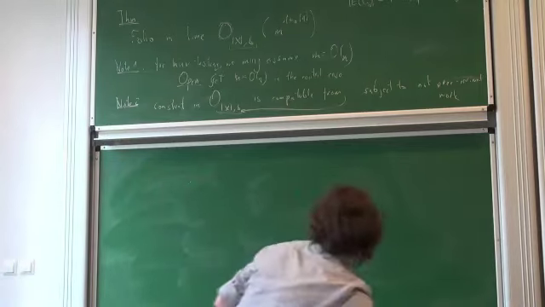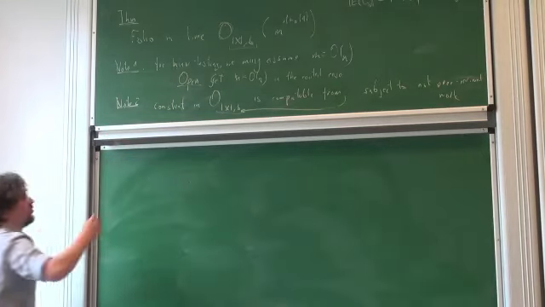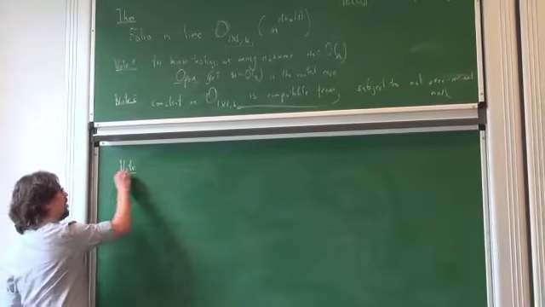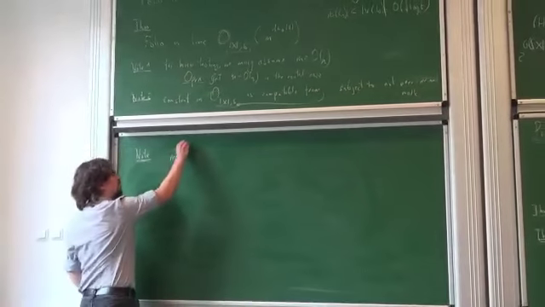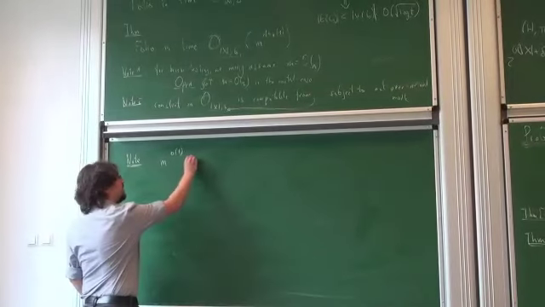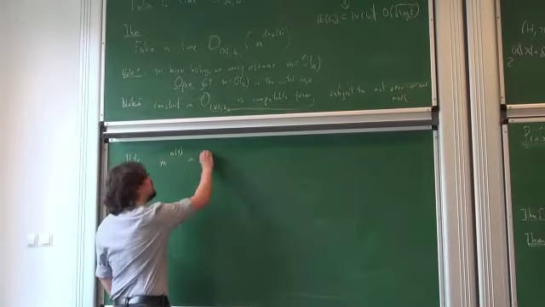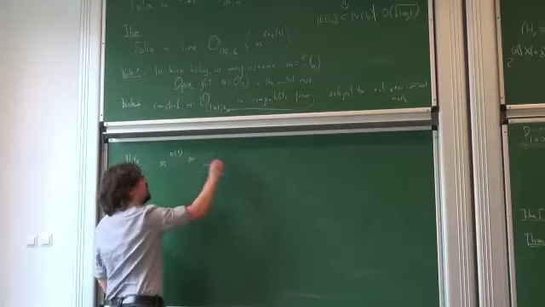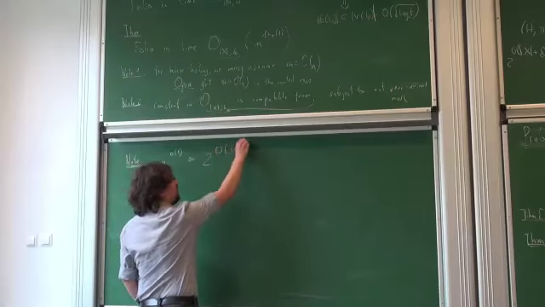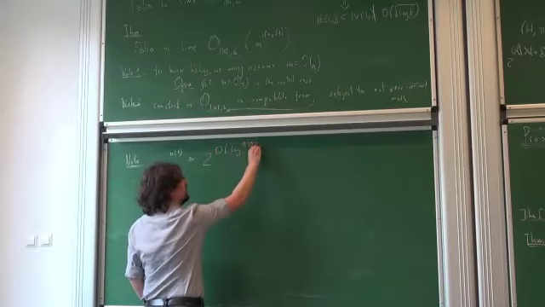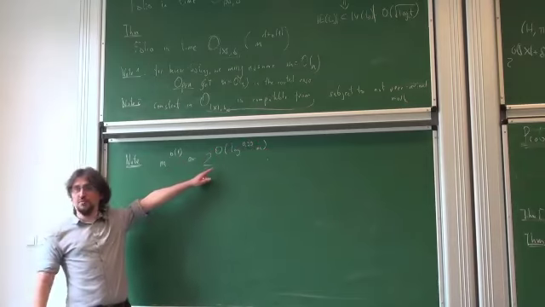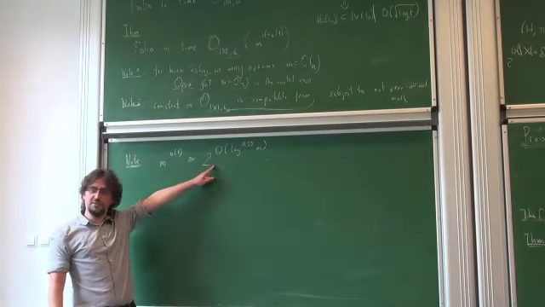So maybe this will be more enlightening to do explicitly. This m to the small o of 1 is actually something like roughly 2 to the order of log to the power 0.99 m. So it is a function that is independent of x and delta.